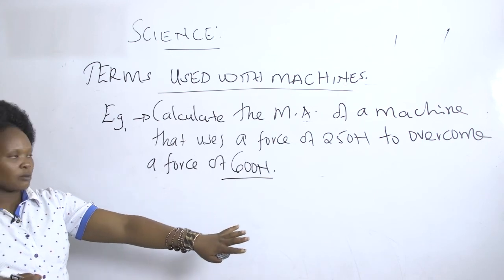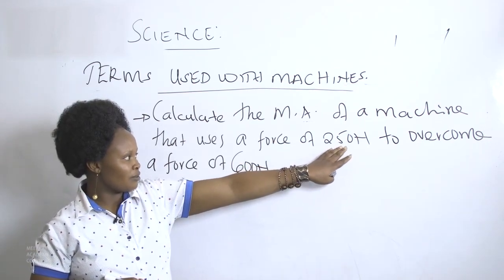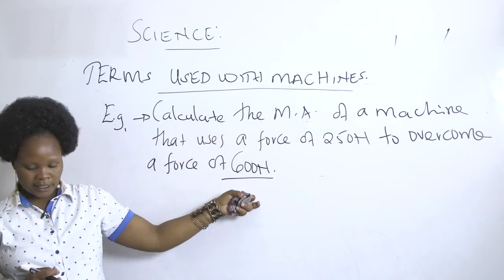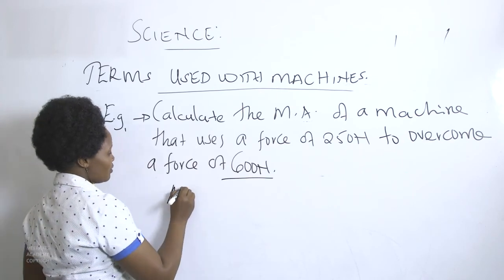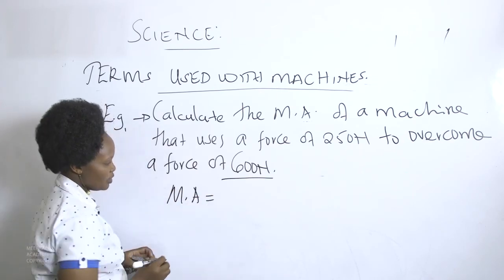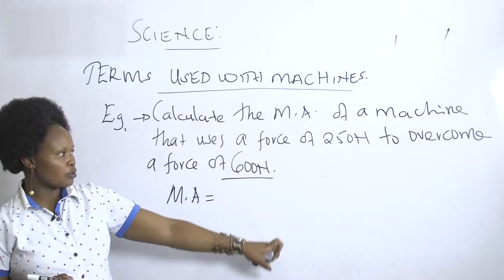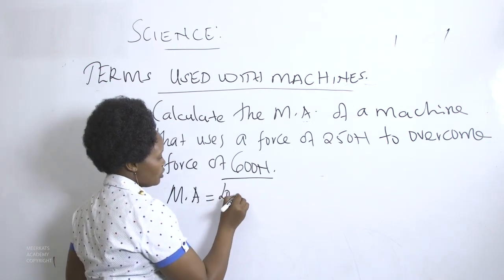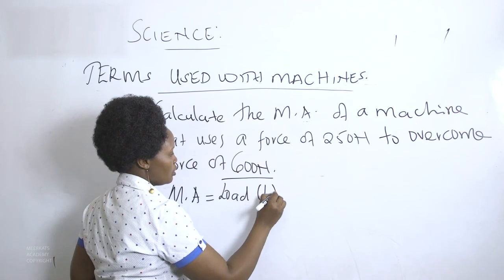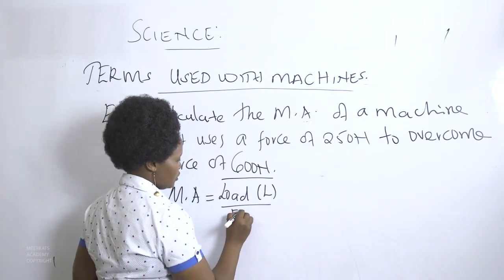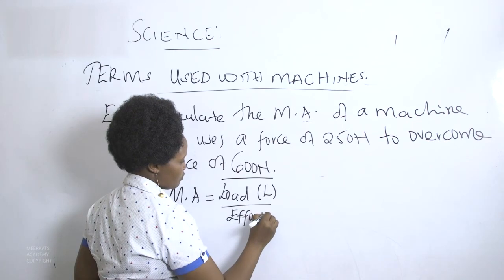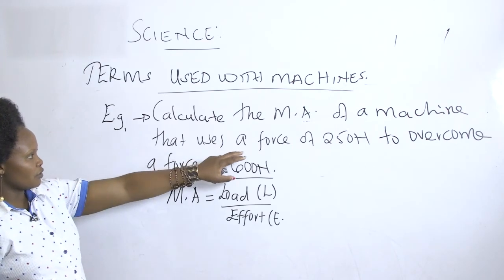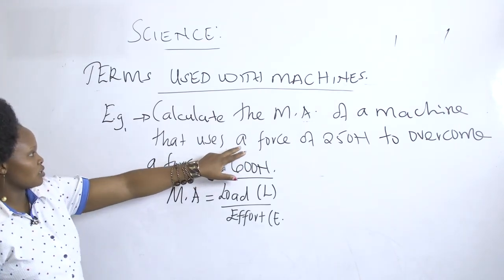Now clearly you can see that the machine has actually magnified the 250 that was input to 600. Therefore, there is some advantage that the machine has brought about, and that is what we are after. Mechanical advantage is given by load all over effort. In this case, our effort is what the machine uses.